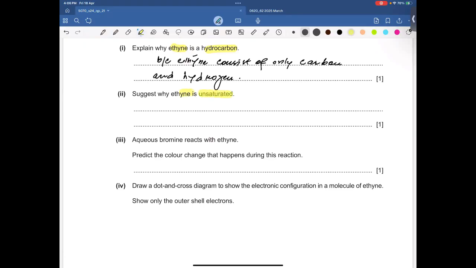Suggest why ethyne is unsaturated? Because triple bond is present between carbon atoms.